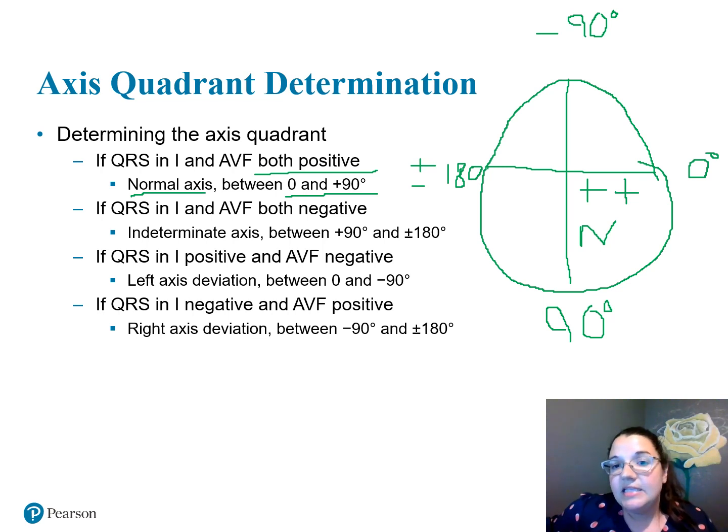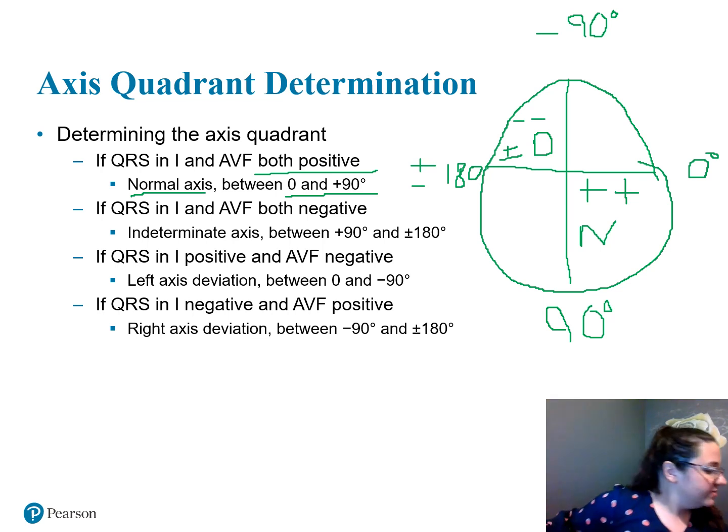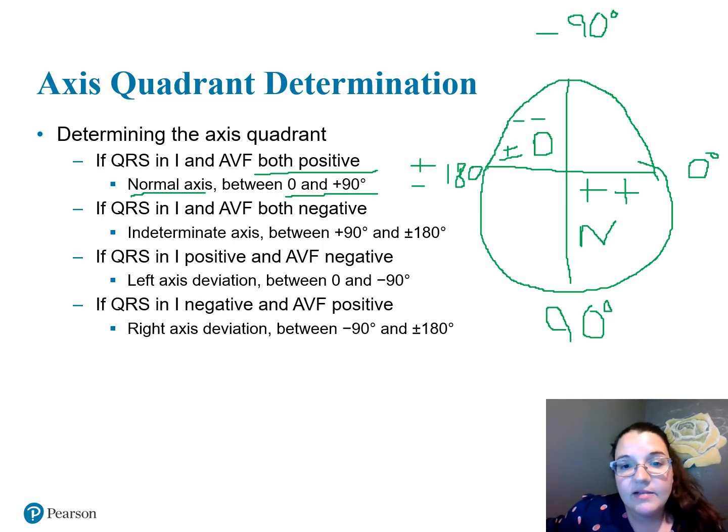If my QRS in lead 1 and AVF are both negative, I am indeterminate. And I am between the negative 90. I'm sorry, did I do that wrong? Let me double check. Yeah, that's right. I was reading it wrong. I am in between the, no, that's wrong.